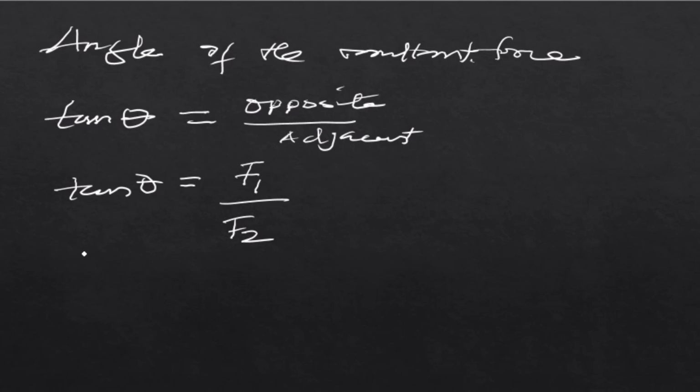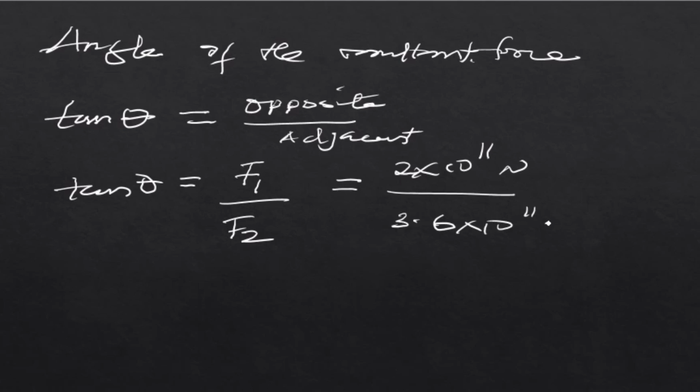So what is F1? What we actually got from the previous calculation as F1 is 2 times 10 raised to the power of 11 Newton, all divided by 3.6 times 10 raised to the power of 11 Newton. So from here, if you punch your calculator correctly, you are going to be having tan theta to be equal to 0.555.